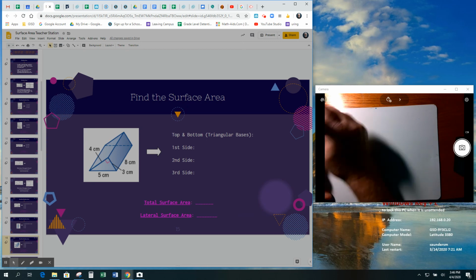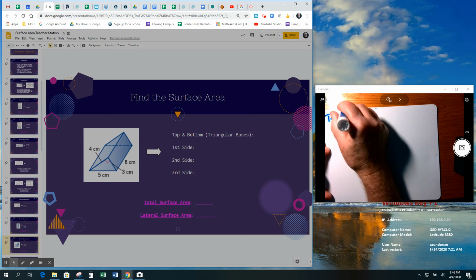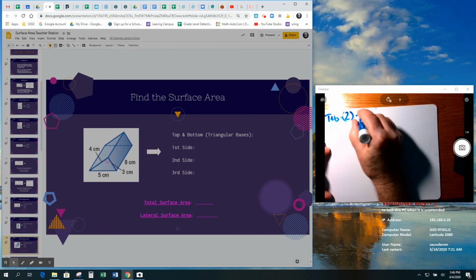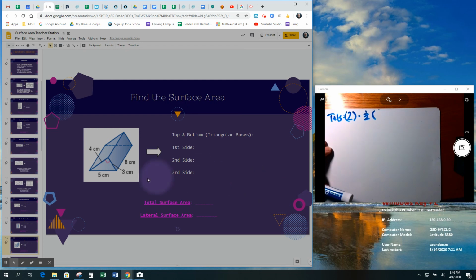Okay, top and bottom are triangles. There are 2 of them. So 2 times 1/2, and the base. So this one you've got to look at a little bit more carefully. Remember, the height of our triangle is the measurement that's perpendicular to the base. So our base is not 5. That would be the sloped one if it was standing on either the 4 edge or the 3 edge.